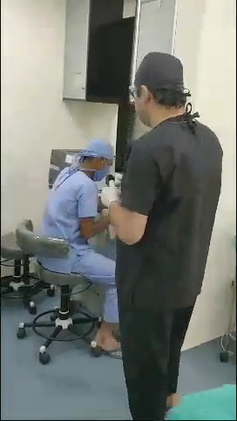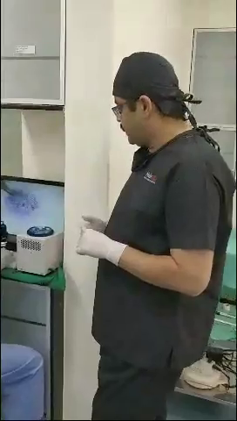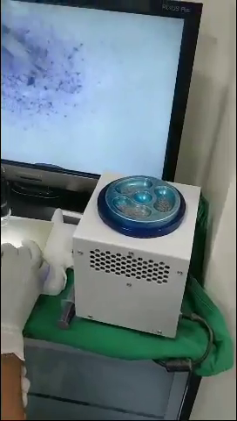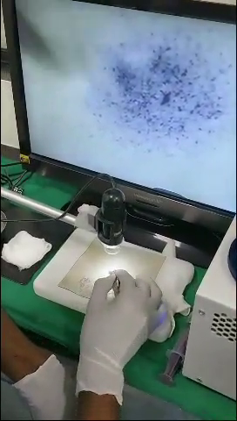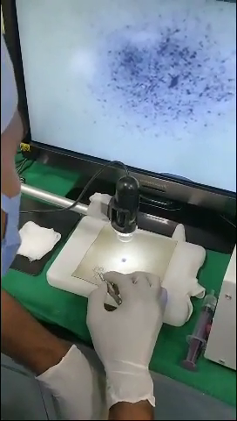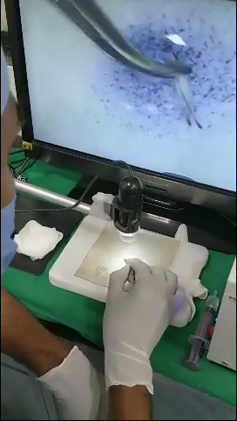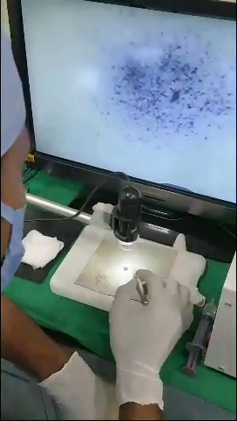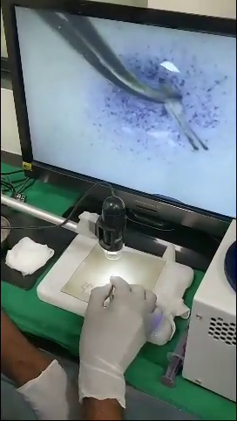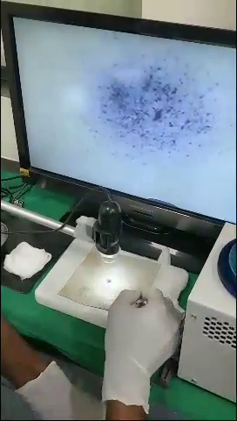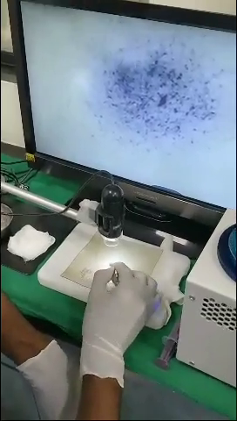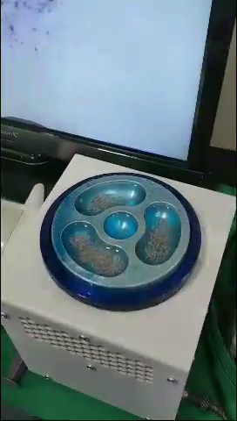Then these hair follicles, after extraction, are kept in the chiller. There they are first examined under the digital microscope, to see whether these are good grafts, whether there is any transection, and whether there is deformity in the graft. If the graft is damaged, we discard those grafts, and the grafts are separated according to the number of follicles: single hair follicle, 2 hair follicle, 3 hair follicle, 4 hair follicle, and they are separated in the chiller.